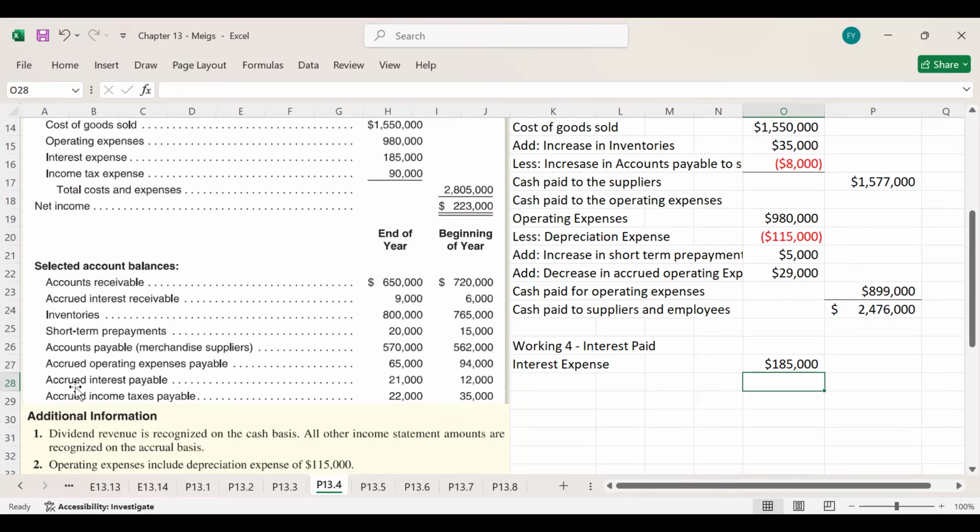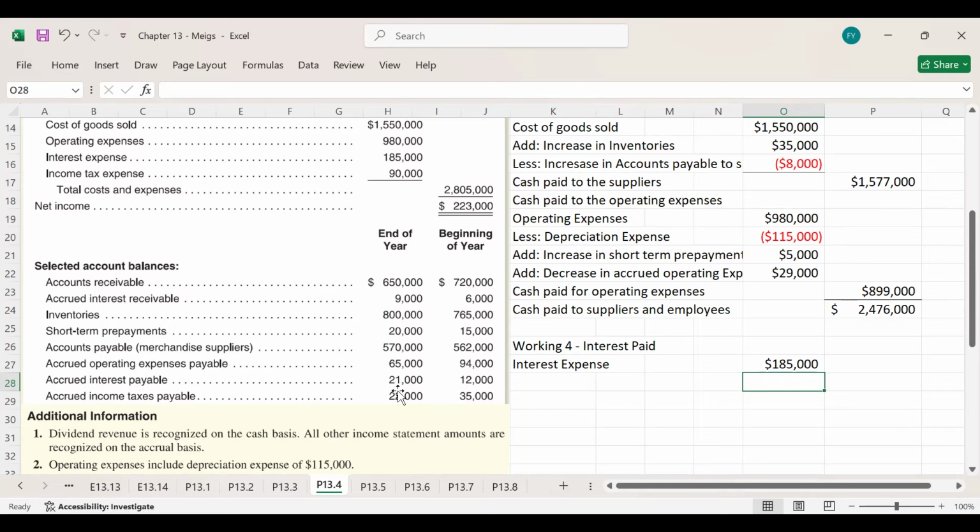Here we have the account accrued interest payable, and you can see there is an increase in interest payable from 12,000 to 21,000, which means a 9,000 change.